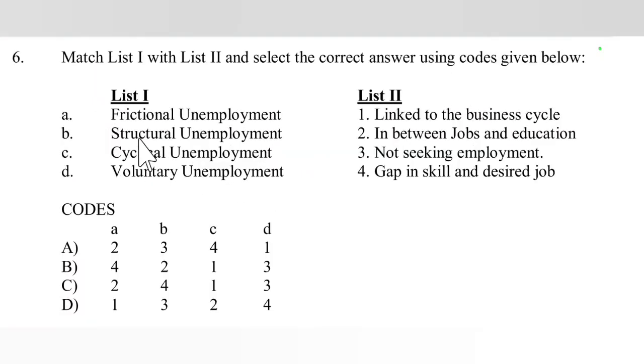Then question number 6: list 1, list 2, match frictional, structural, cyclical and voluntary unemployment. First is frictional unemployment: the gap from one job to another job, or the time period after completing education until getting a job.